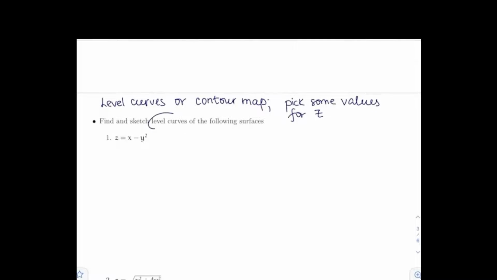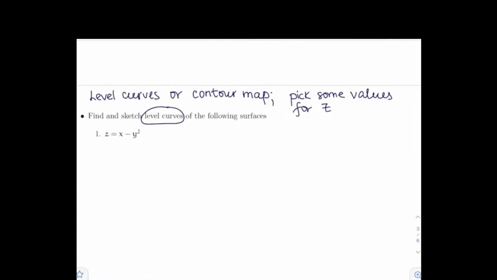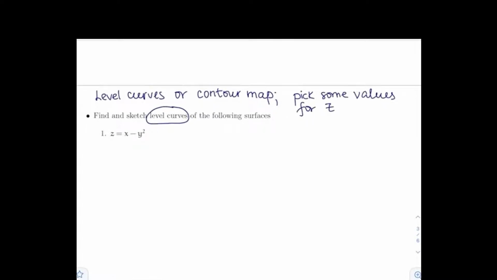So let's take a look at some examples, and it will make a lot more sense once we do these by hand and then compare our work with Wolfram Alpha. Let's take a look at this function: z equals x minus y squared.